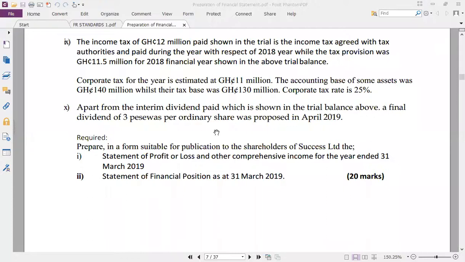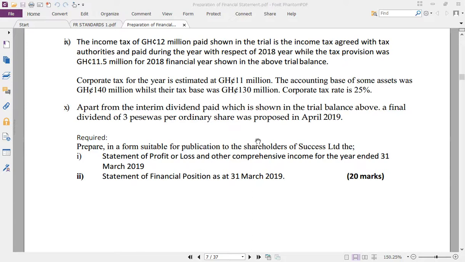Very nice. So how do you treat the final dividend which was proposed or declared, the 3 pesos per share? You don't touch it.